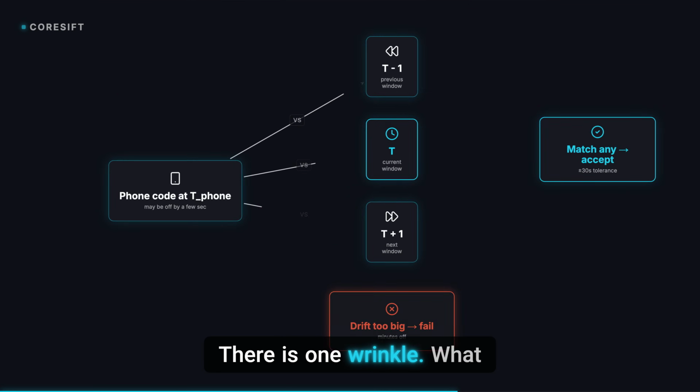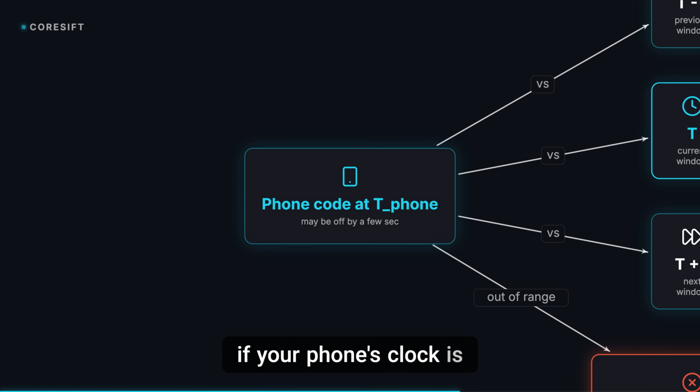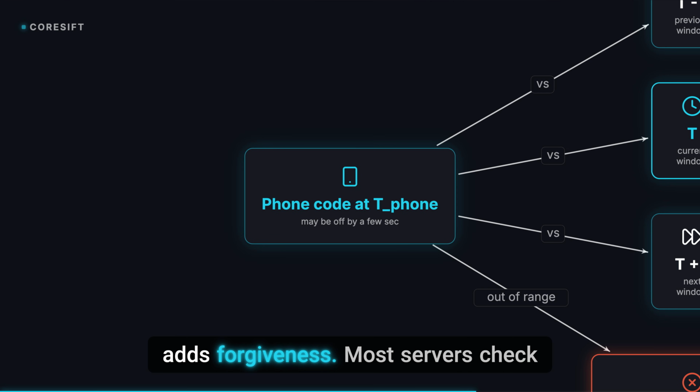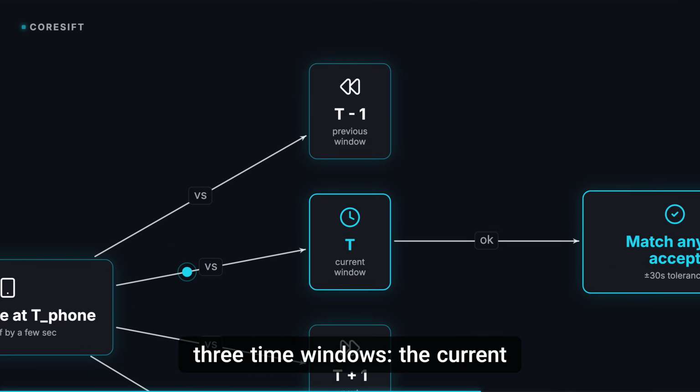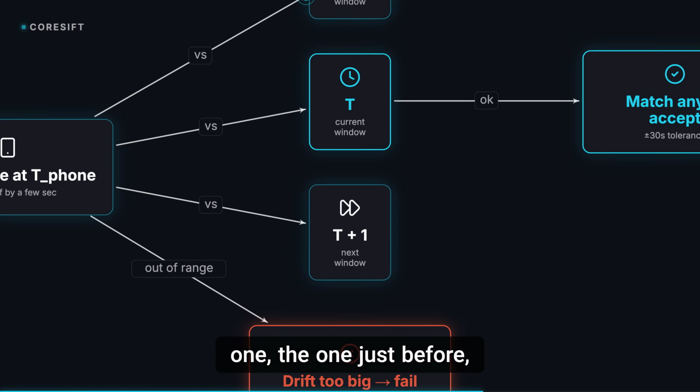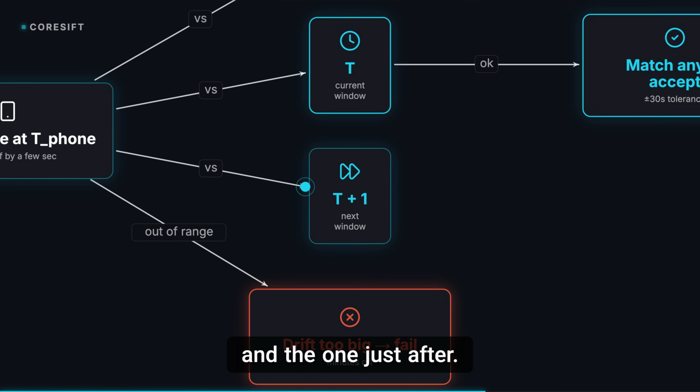There is one wrinkle. What if your phone's clock is a few seconds ahead or a few seconds behind? You would land in a different time window than the server, and your code would never match. So the standard quietly adds forgiveness. Most servers check 3 time windows: the current one, the one just before, and the one just after.